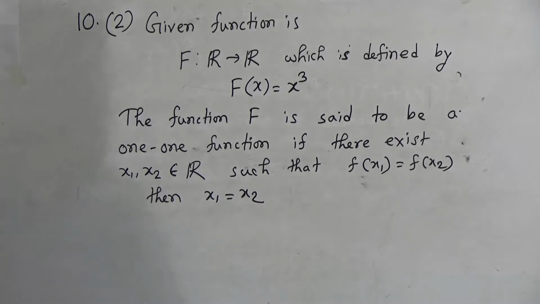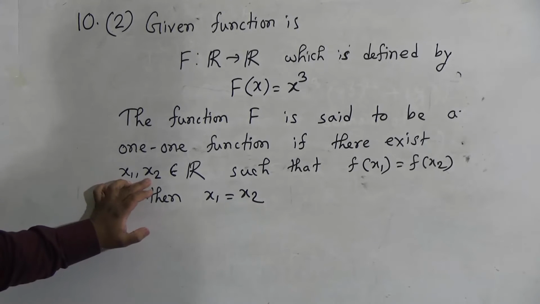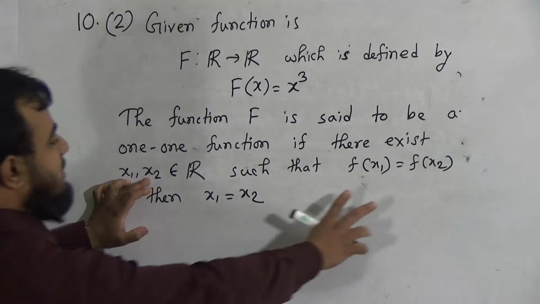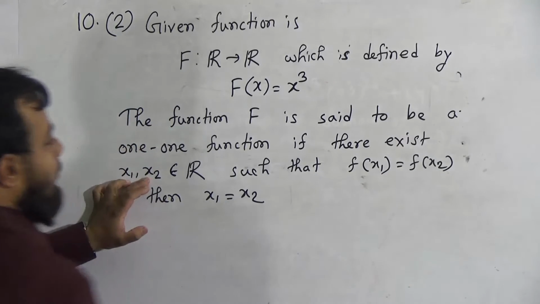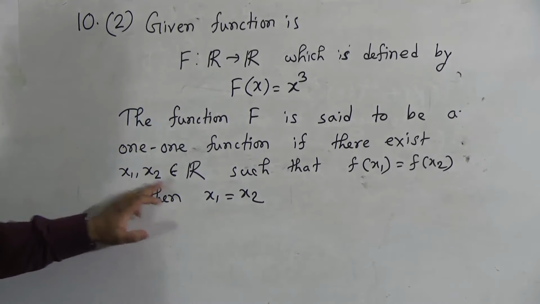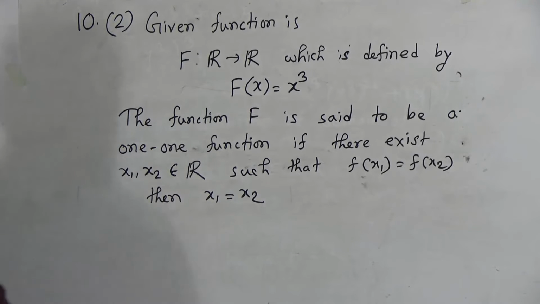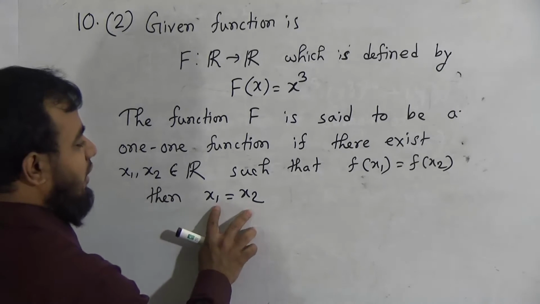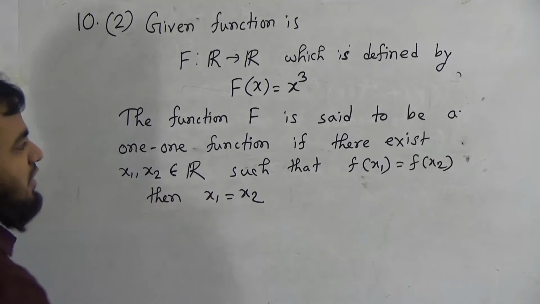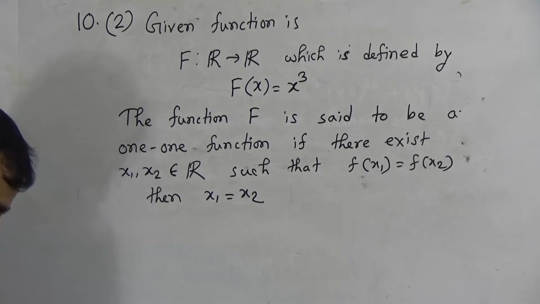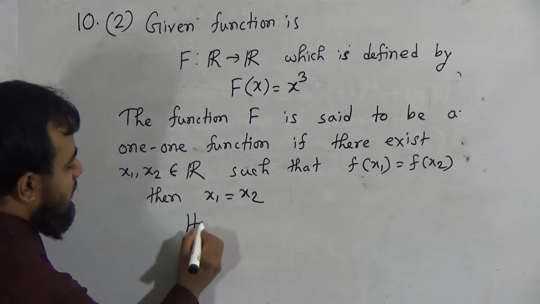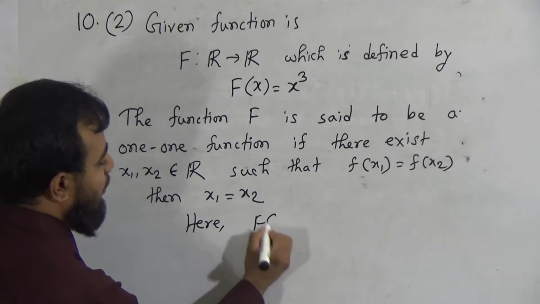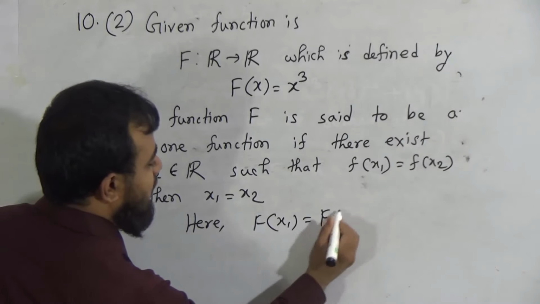That means two images f of x1 and f of x2 are equal, for every x1 and x2 belong to R. Then we need to find out x1 and x2 are equal, then we can call that f is a 1-1 function. My students, now put this value here: f of x1 equal to f of x2.